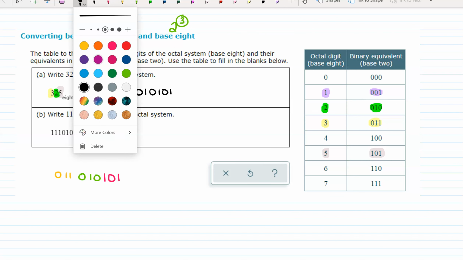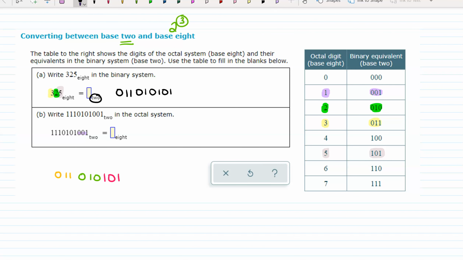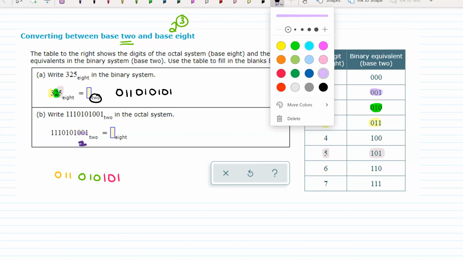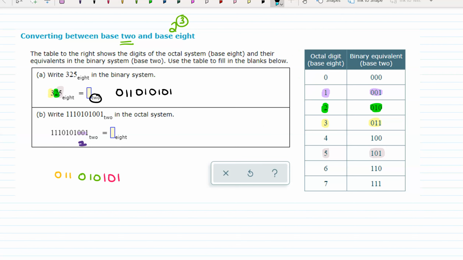So let me get purple here, and I'll put a 1 here. Now let's do the next. So we'll go back a little bit, and we'll do these 3, 101. So 101 is 5. So I can represent those 3 digits with a 5.